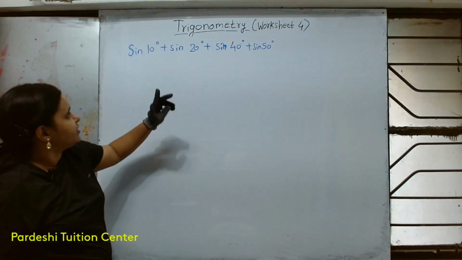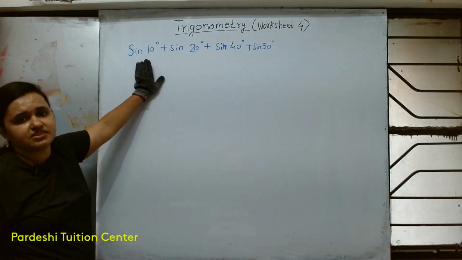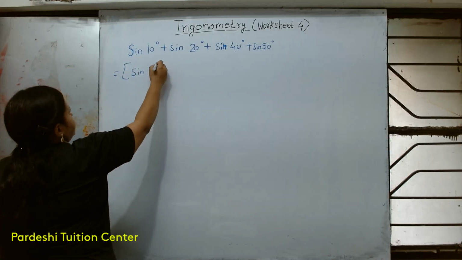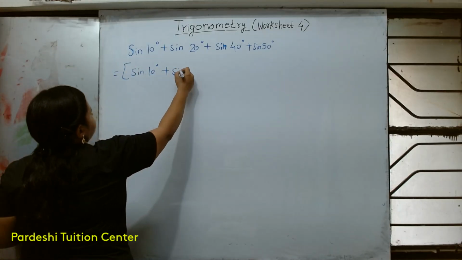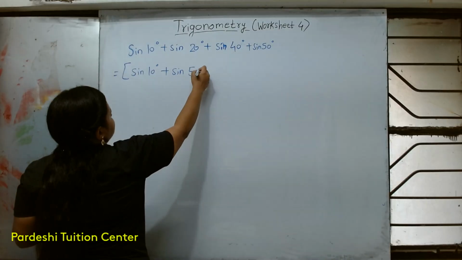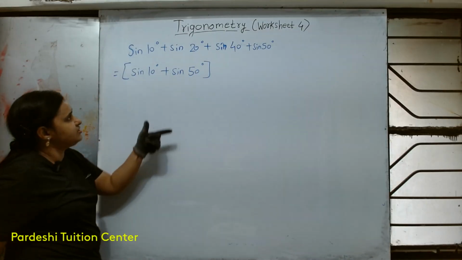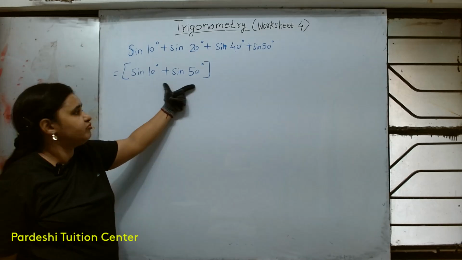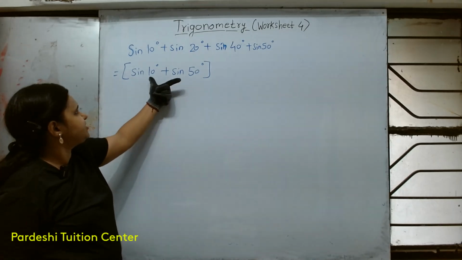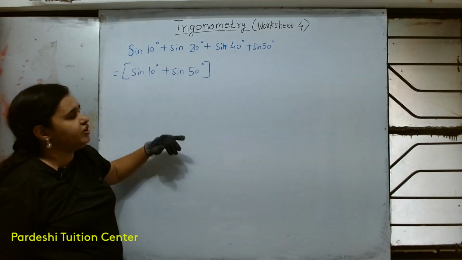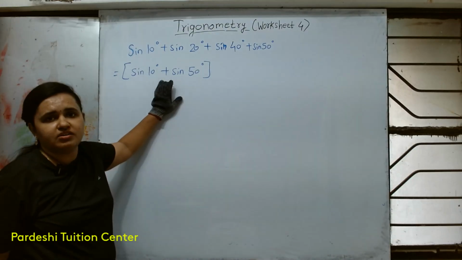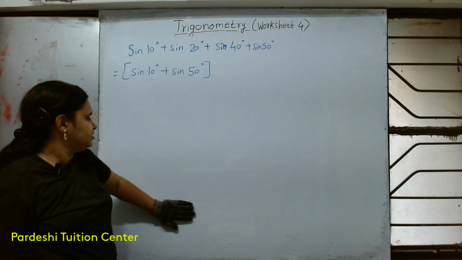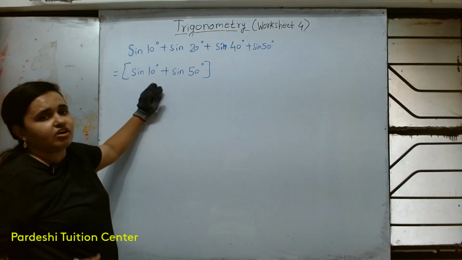But if we collect the terms, like if I take sin of 10 degree plus sin of 50 degree, I have just taken sin 10 degree plus sin 50 degree. Why have I taken that? Because it will give sin 60 degree upon 2, so that it will be easier to solve. Okay, so these are the standard values 30, 60, 45. So I can solve here easily.